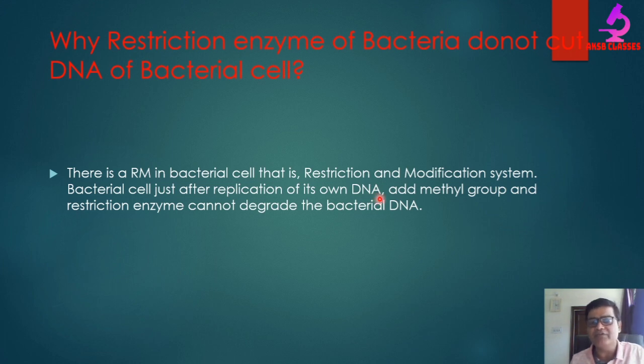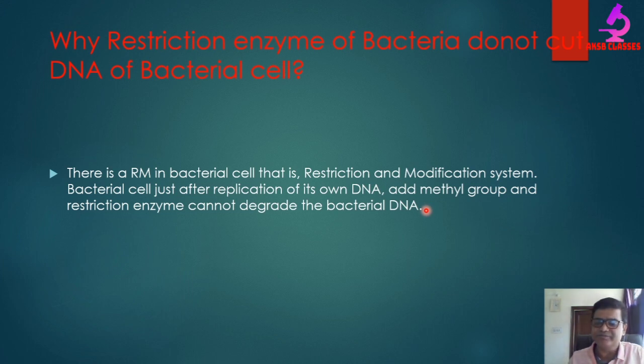If there is addition of a methyl group, the restriction enzyme cannot degrade or break down the bacterial cell's own DNA. So that's why the restriction enzyme of bacteria does not cut the bacterial DNA, due to the restriction and modification system.